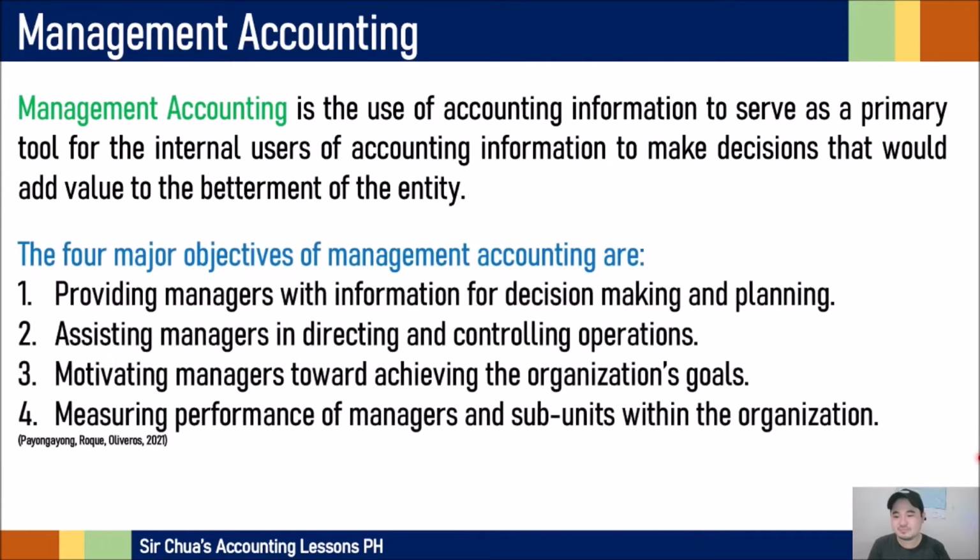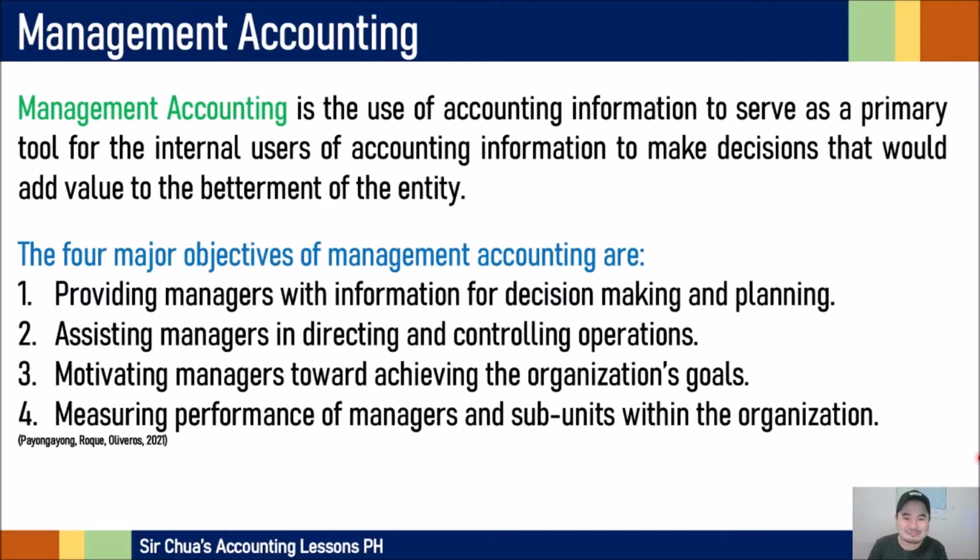Okay? Now, the 4 major objectives of management accounting are, number 1, providing managers with information that they need so that they can decide and they can plan. Okay? Number two, they assist managers in the directing and controlling of the operations. Directing because you have something in mind that you want to target and you direct them with that.